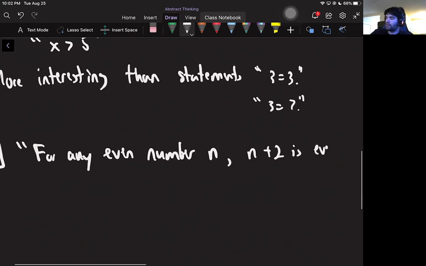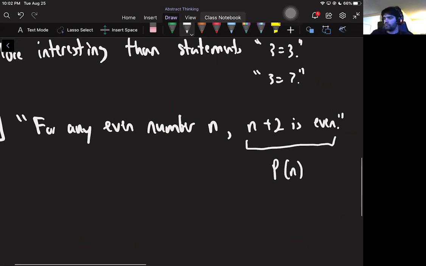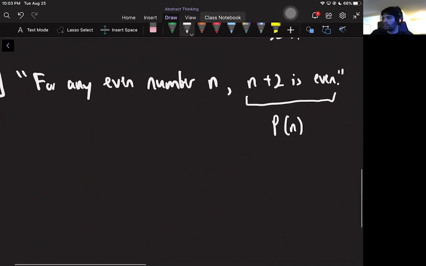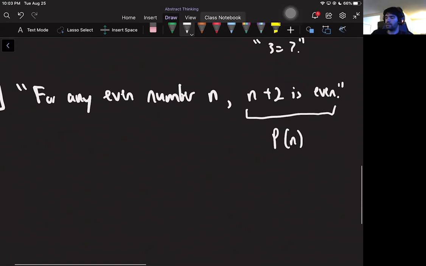So this entire thing is a statement, but just this end piece here, that's a predicate that you could call P of n because it depends on n. So you could write this as, for any even number n, P of n, where P of n means n plus 2 is even. This is the nice part about open sentences, is you can label them like this.